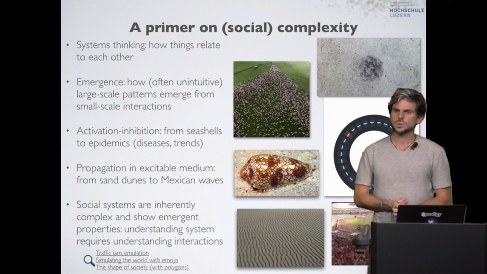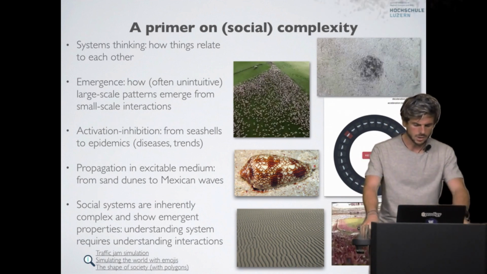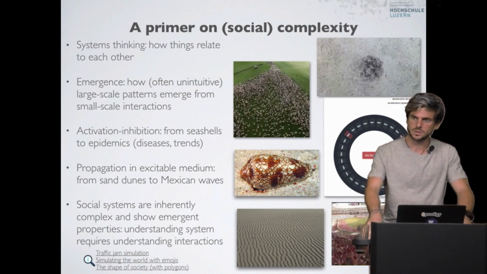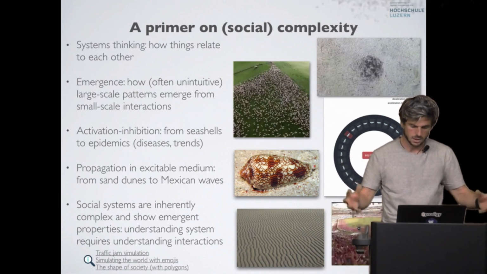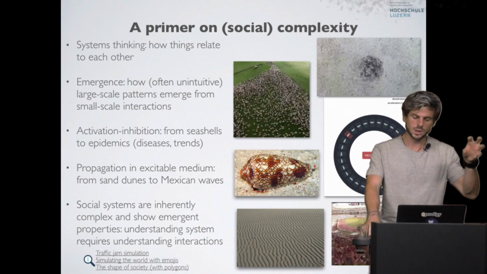That's why I find social systems, complex social systems, so interesting. They are inherently complex and they show emergent properties. So understanding the behavior of systems at a global scale requires understanding fine-grained interactions between individuals.